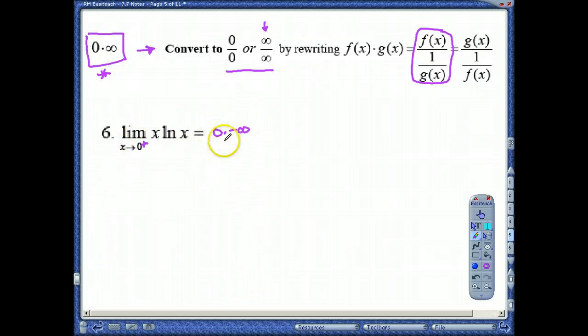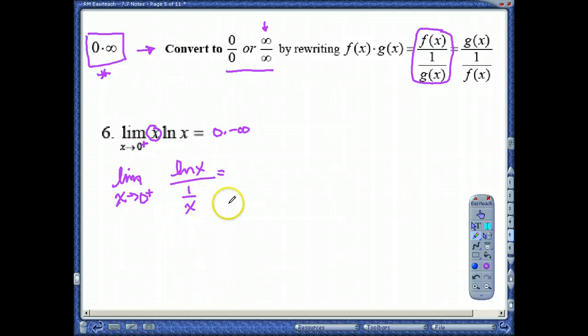So that fits into the form, which means we are going to flip one of them over and divide by it. I'm going to flip the x over. So I take the reciprocal and put it on the bottom, because if I flipped and multiplied back, I would end up with the same thing.